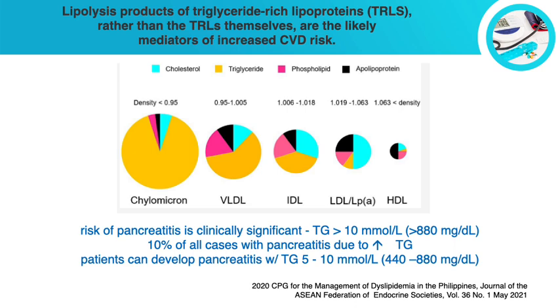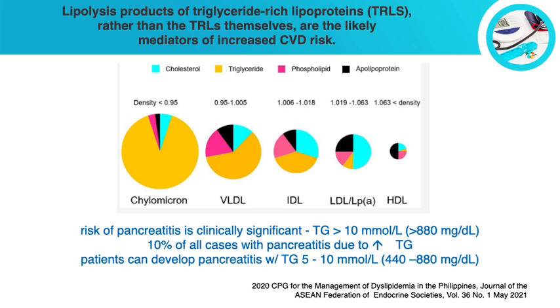When you look at triglyceride level, what is relevant is that big particles such as the chylomicron, VLDL and IDL are composed of mainly triglyceride. These are the molecules that can form cholesterol stones and eventually result in pancreatitis.